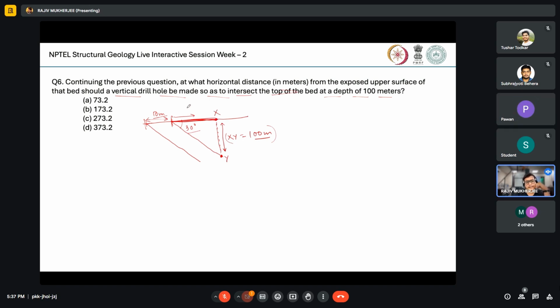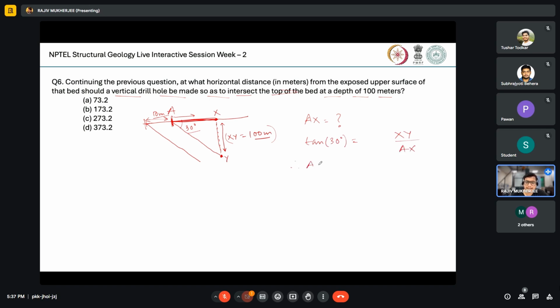We just need to find, if this point is A, consider this starting point. Let us see what happens. If we consider this starting point A, then we need to find the distance AX. Tan of 30 degrees is XY by AX, right?